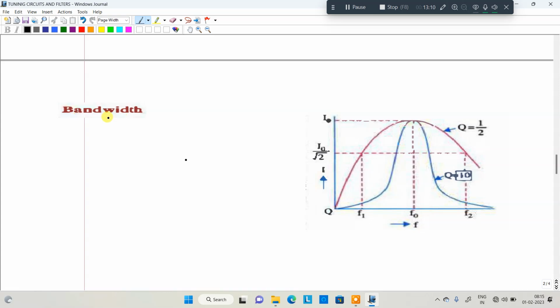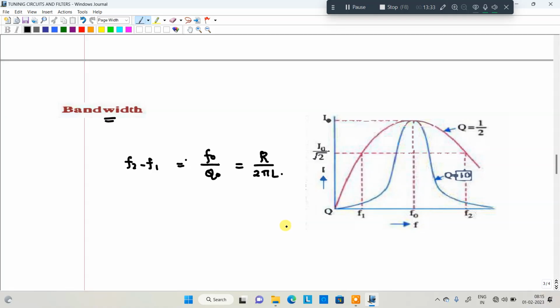For the bandwidth, the difference between the upper cutoff frequency and the lower cutoff frequency is F naught divided by Q naught, which is equivalent to R by 2 pi L. That is the bandwidth.